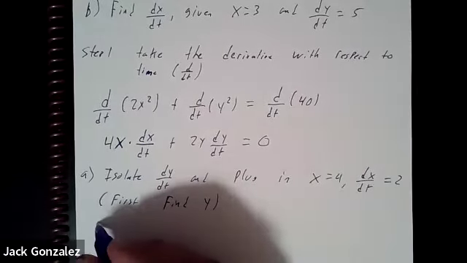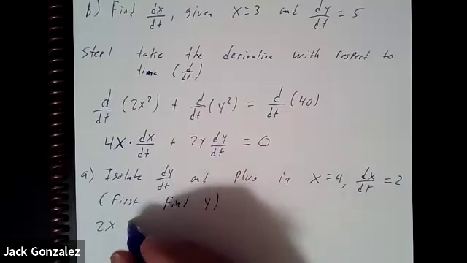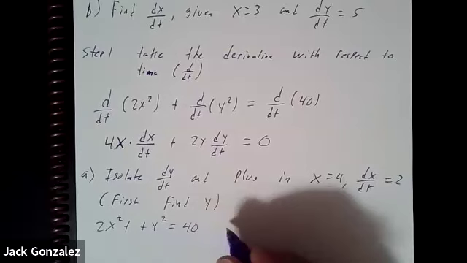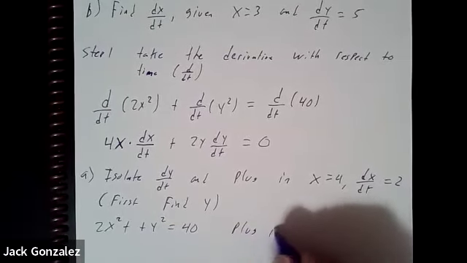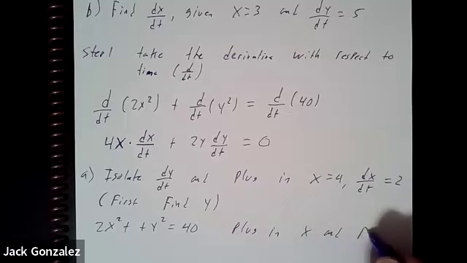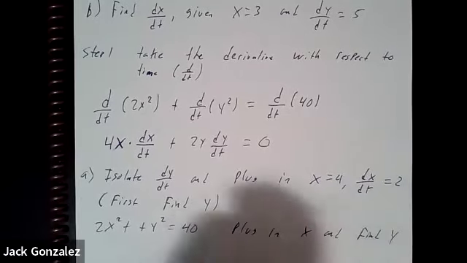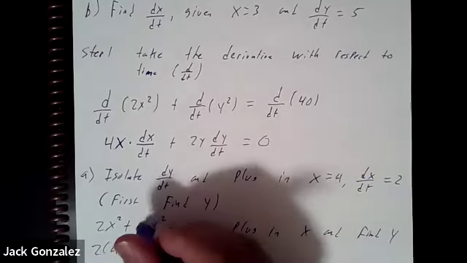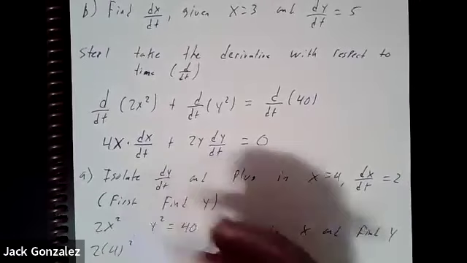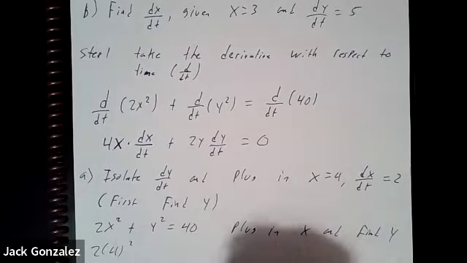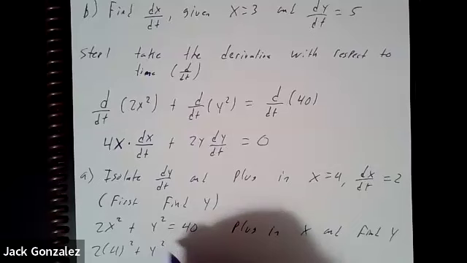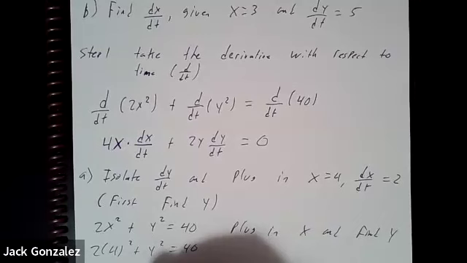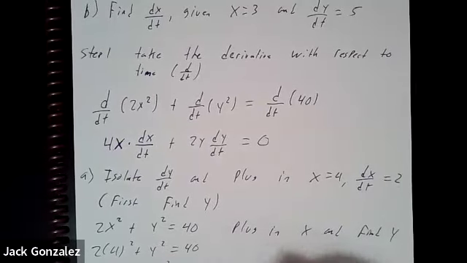Just plug it into here. So plug in x and find y. So 2 times 4 squared, plus y squared equals 40. So it'd be 2 times 16 plus y squared equal to 40.